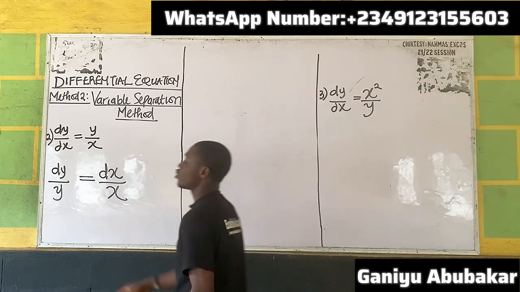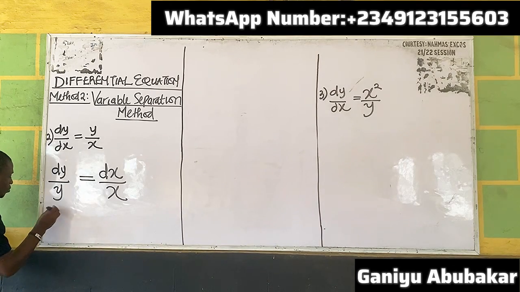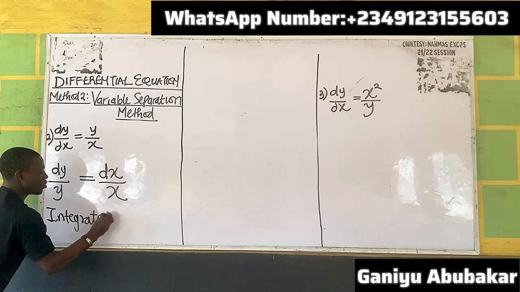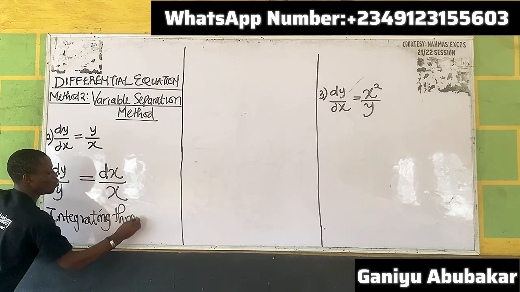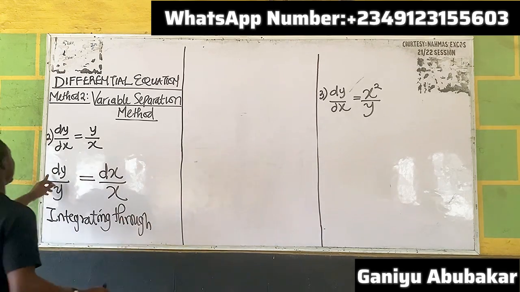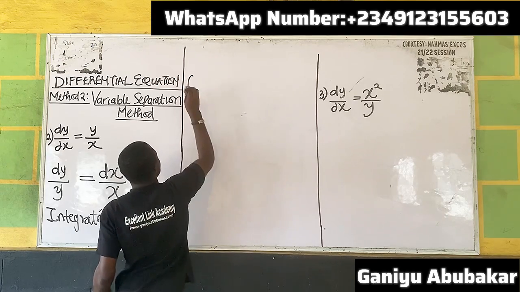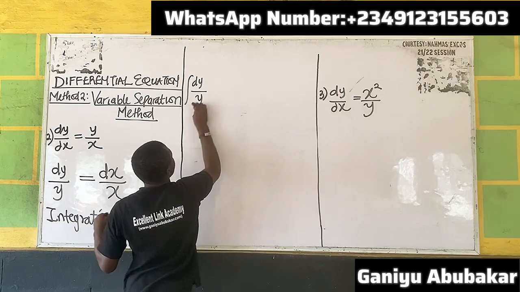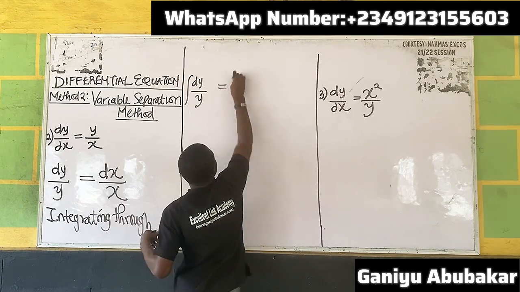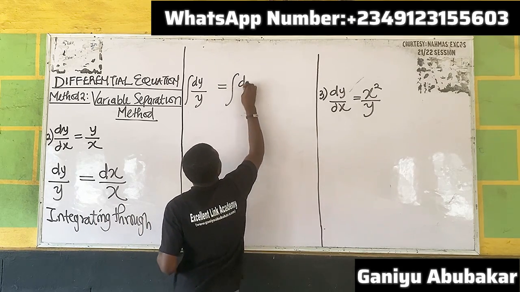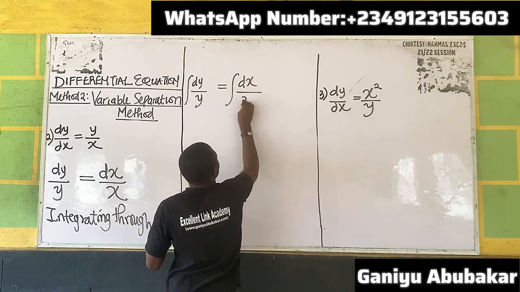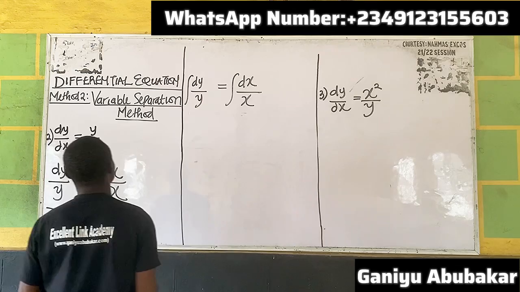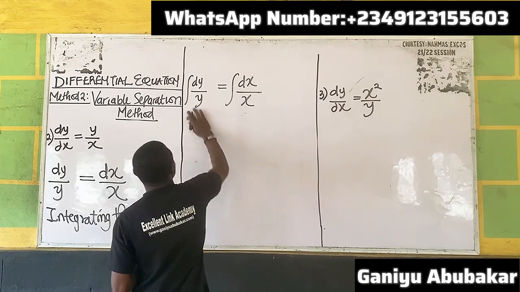From here, your next task is to integrate through. That gives you the integral of dy over y is equal to the integral of dx all over x. Next task is that you shift them out.